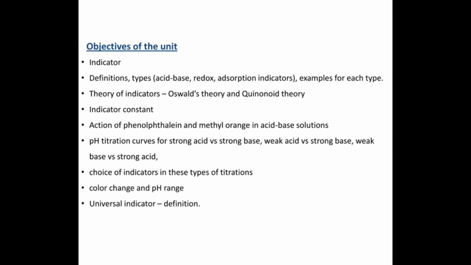Indicators are chemical substances which indicate the equivalence point of a chemical reaction by changing color from one color to another. Then we can identify whether the reaction is completed or not.